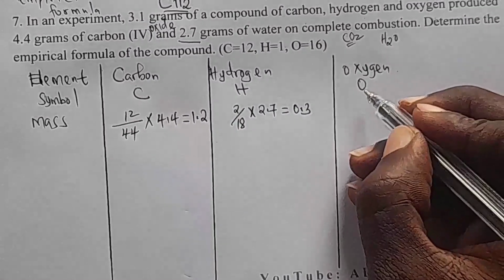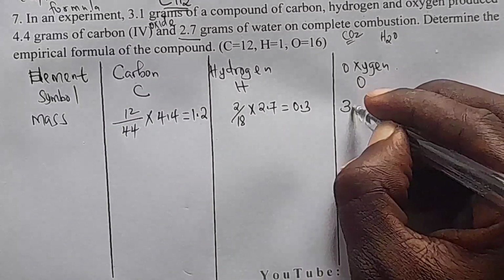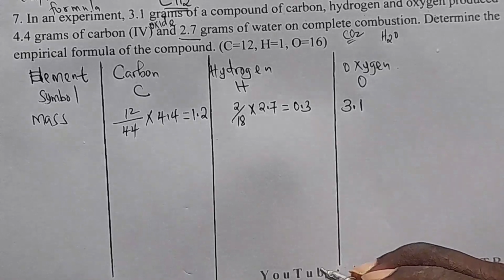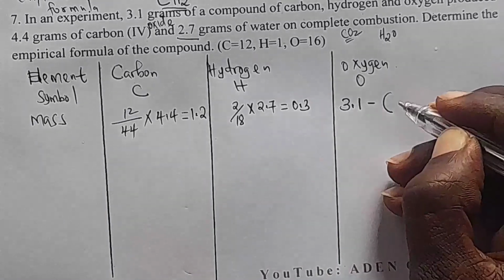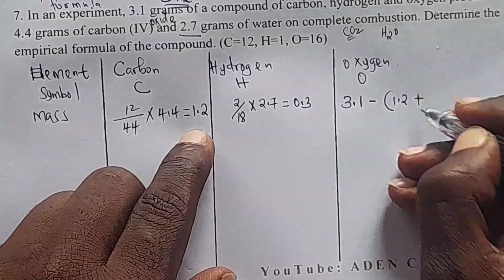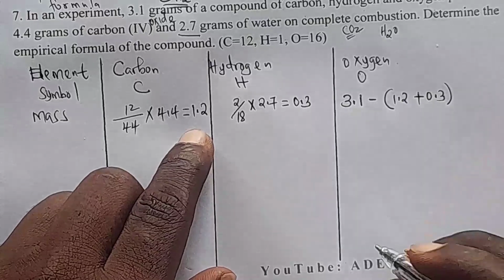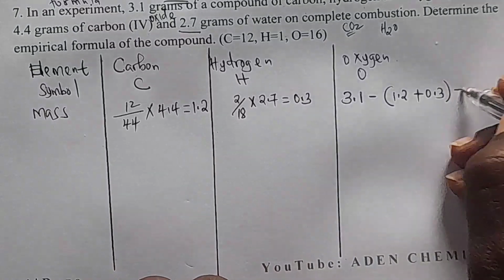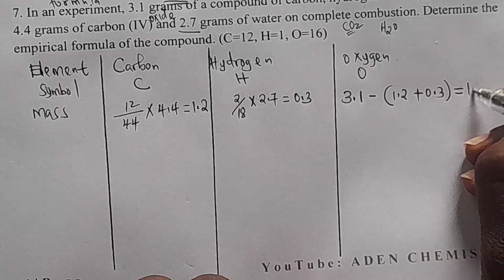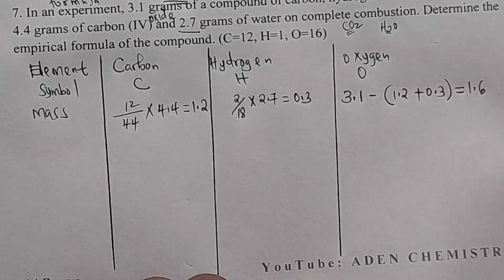So to get the mass of oxygen, we say the total mass of the compound, which is 3.1, minus, in bracket, 1.2 for carbon plus 0.3 for hydrogen. Here we are going to get 1.6 grams as the mass of oxygen.